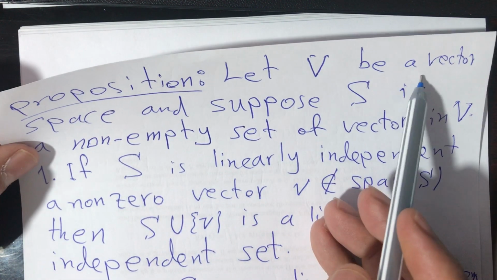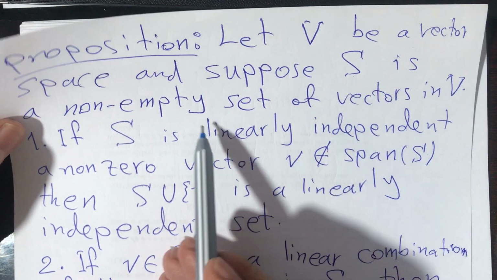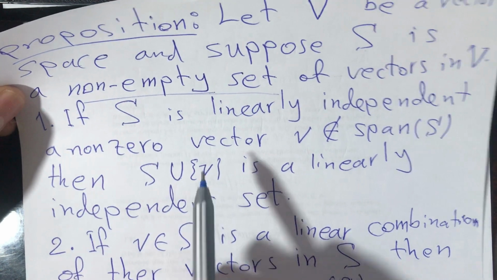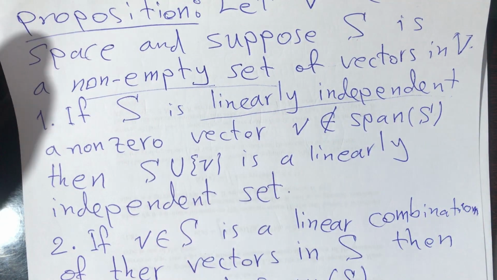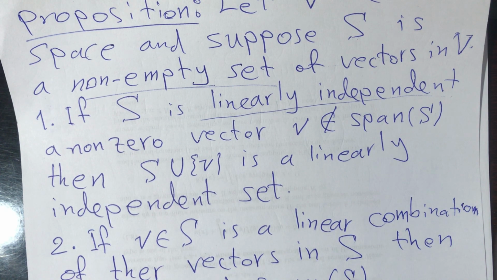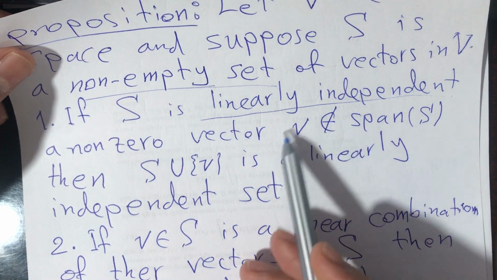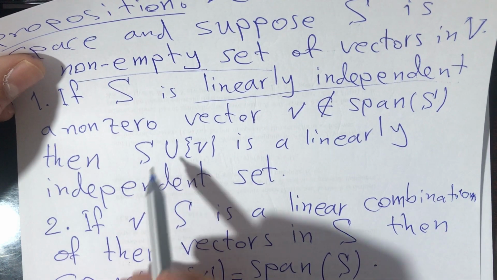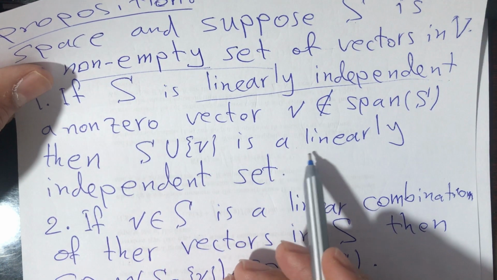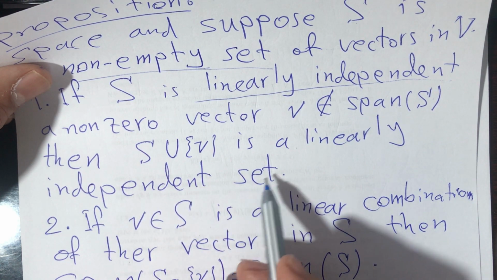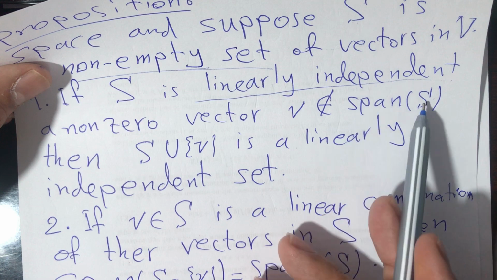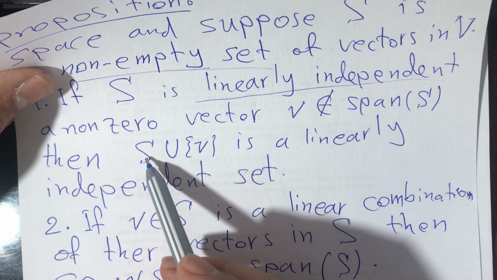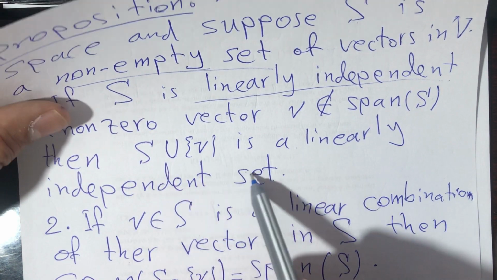What does this proposition mean? If V is a vector space, suppose S is a non-empty set of vectors in V, a subset of V. If S is linearly independent and a non-zero vector v doesn't belong to span S, then S union {v} will also be a linearly independent set, because v doesn't belong to span S. So if we add this vector to S, it is still a linearly independent set.